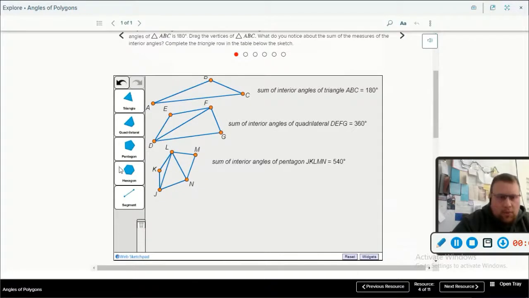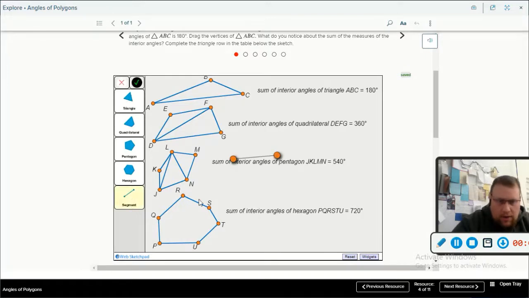We're almost done here. One more figure. Let's do a hexagon. Okay, it came out in almost the right spot. And again, I'm going to go ahead and draw all the diagonals here. From R, notice I'm just picking one vertex, and I'm drawing all the possible diagonals from that vertex.